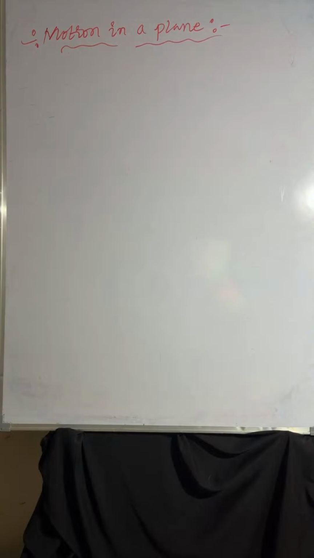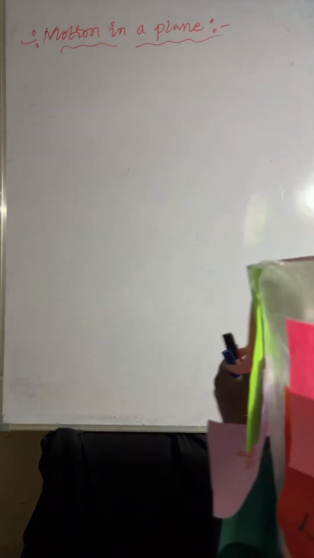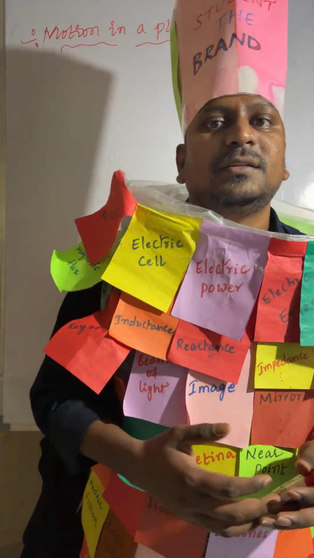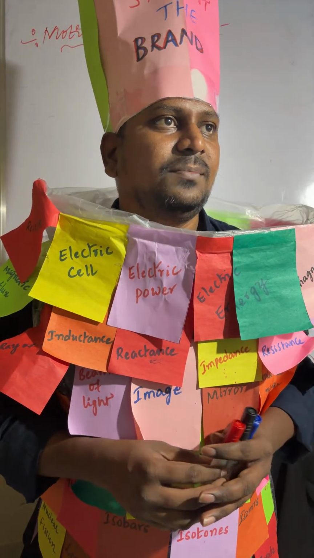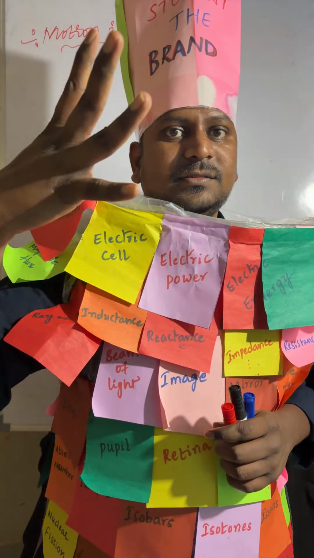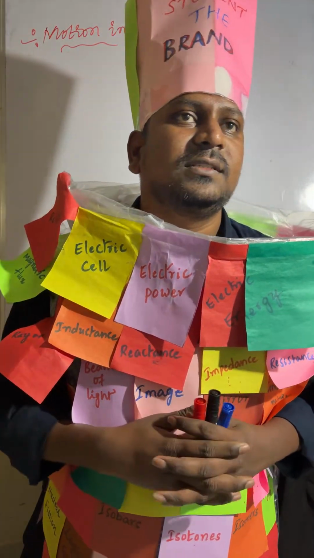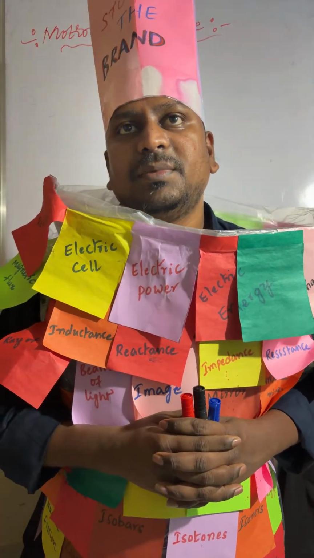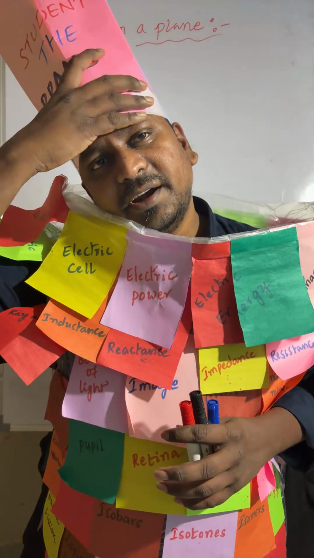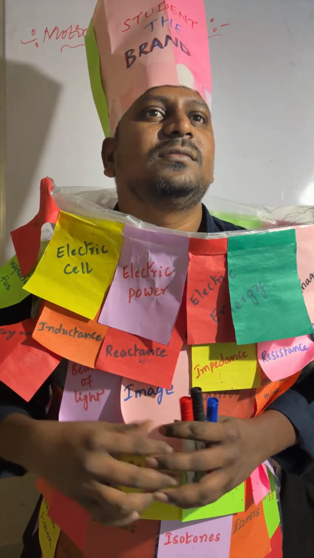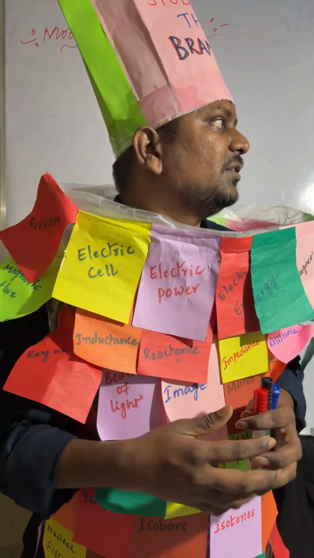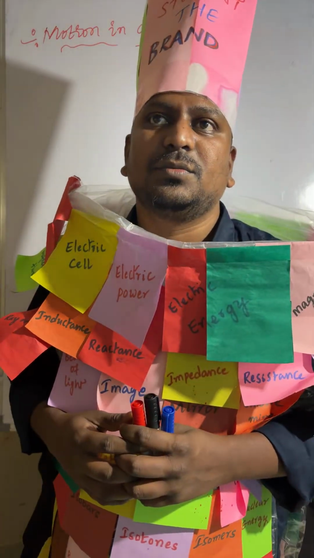That we can say is an example for motion in a plane. And when a body is projected, that is also considered motion in a plane. So projectile motion: the body projected up and down in the air, like that. We can take so many examples.